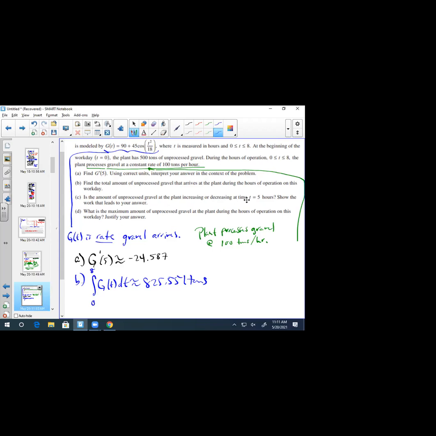Yeah, let's call that like negative 100, right? Because that's really the rate that it's leaving the plant. It's being processed and then it's done. So if we find G of 5, that is the rate at which gravel is coming in at t equals 5. And let's compare that to 100. What happens if G of 5 is like 107?